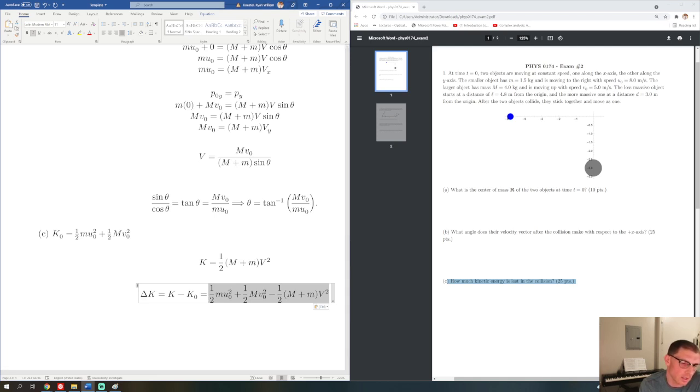And so, just because you're asked to figure out the change, it's fairly suggestive, right? Because if no kinetic energy had been lost, this would just be 0, and that would be kind of a silly thing to ask.